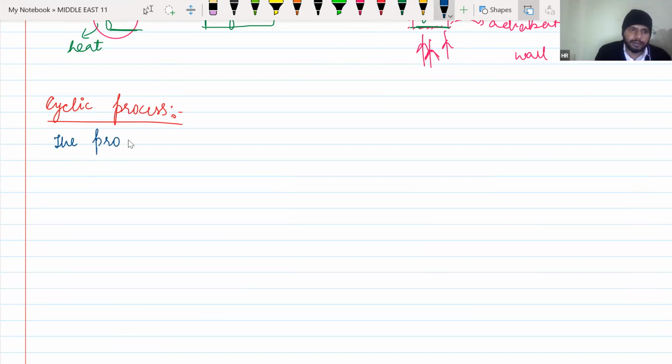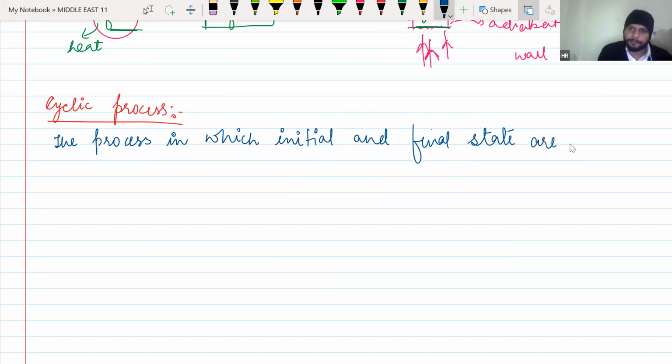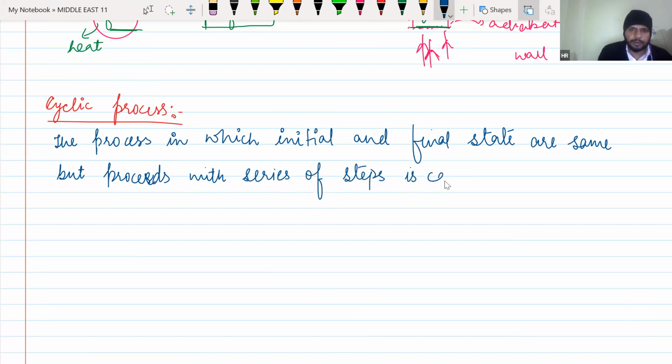The process in which initial and final state are same, but proceeds with a series of steps, is called a cyclic process.